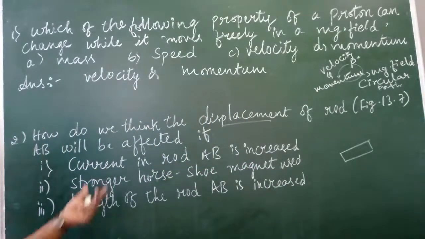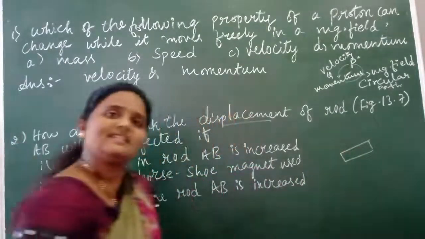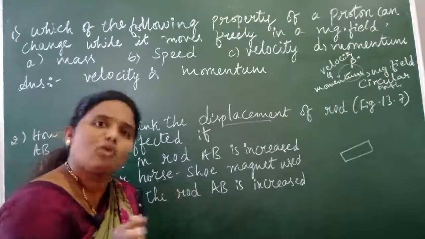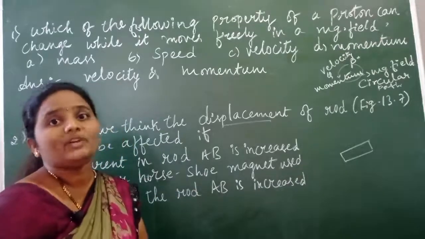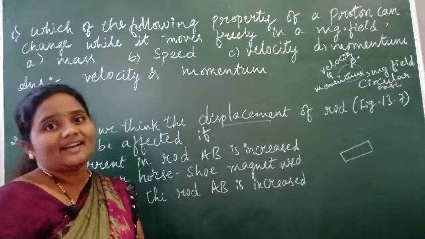Definitely, children, when the current in the rod increases, the displacement also increases, because more current means more force it will generate, more deflection it will show, isn't it, children?